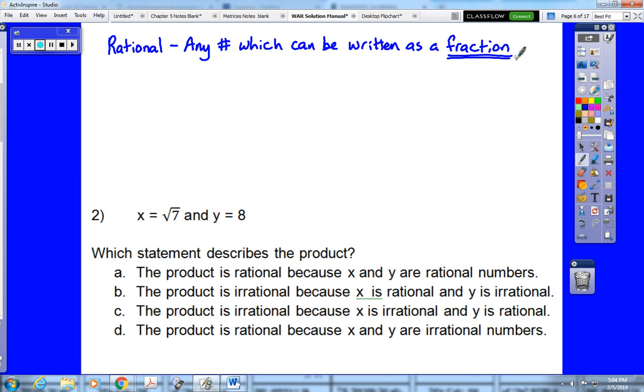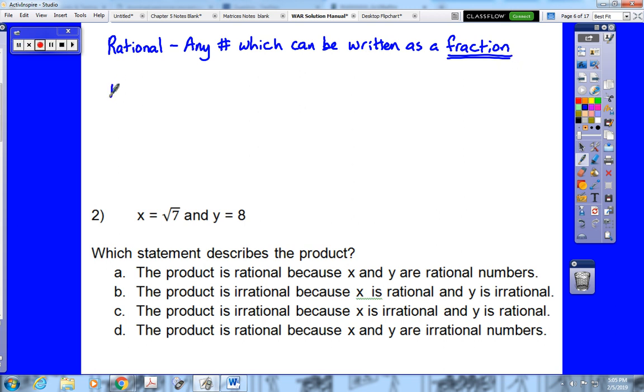Now, I know you're not fond of fractions, but let's keep in mind that every decimal that ends or repeats can be written as a fraction. So any decimal that ends or repeats is rational. All fractions are rational. All whole numbers, positive and negative, all integers are rational.